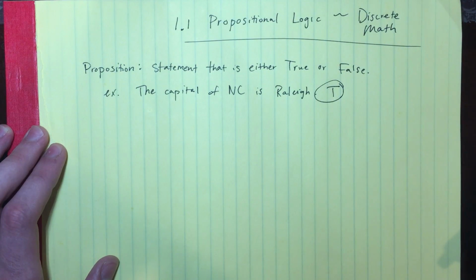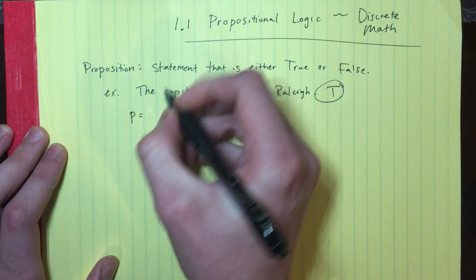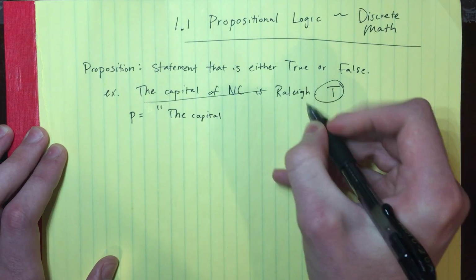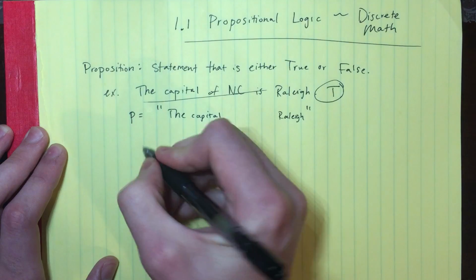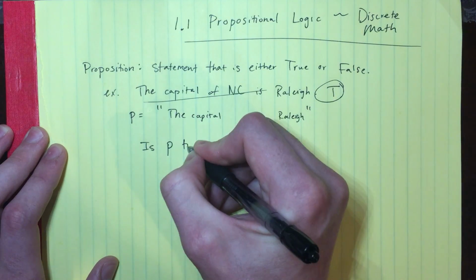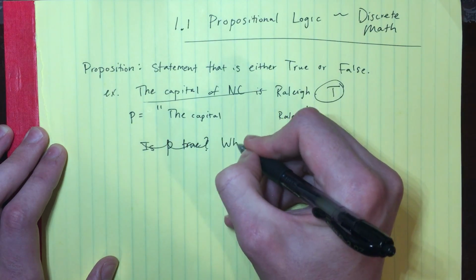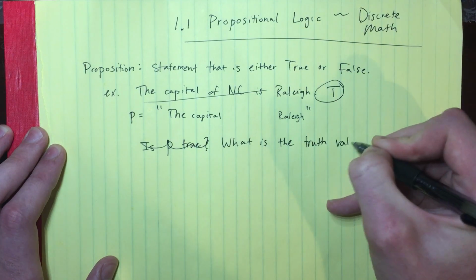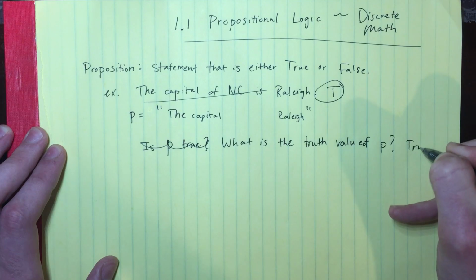Eventually in these next few sections, we'll basically say P is equal to the capital of North Carolina is Raleigh, and we can ask, what is the truth value of P? And we would say true.